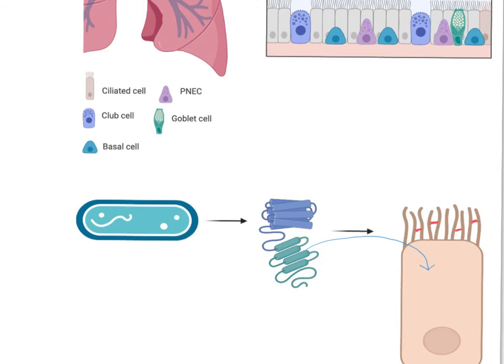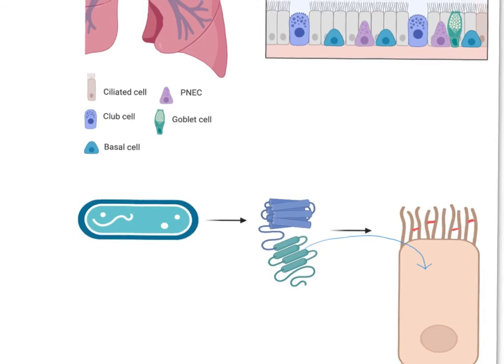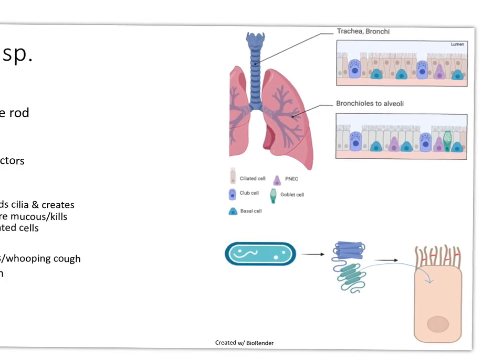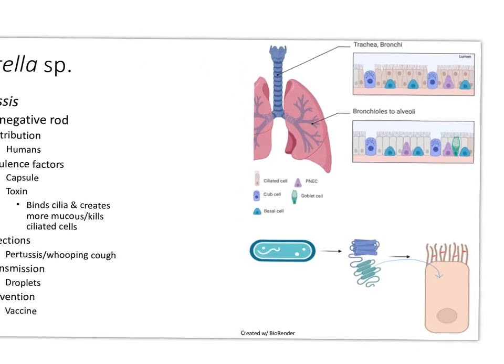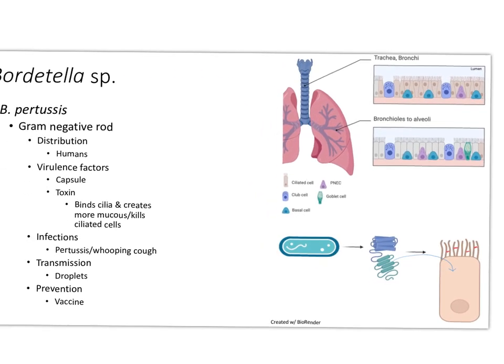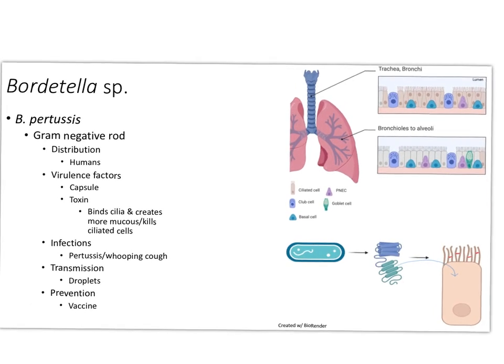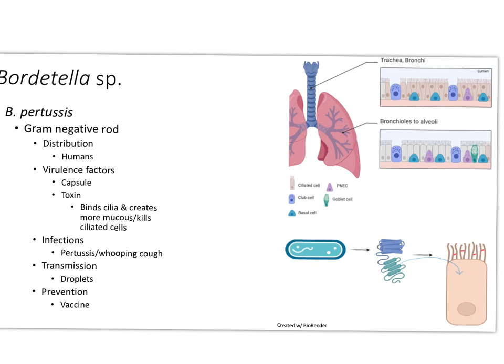And essentially what happens is when someone gets this infection, they develop excess mucus in their respiratory tract they can't clear out. And if it is not treated properly, they basically just drown in their own mucus. This infection that is caused by this bacterium is called pertussis, or whooping cough.